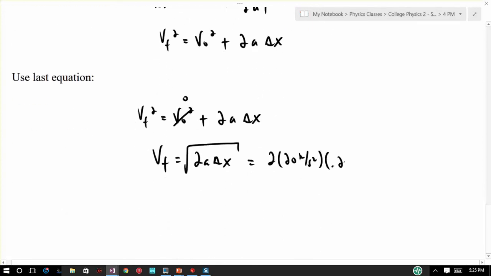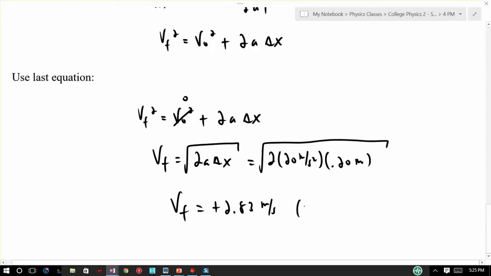So this is 0.20 meters. Take the square root, and you get your answer, which is 2.83 meters per second. So it's positive, whatever. It's moving at 2.83 meters per second in the positive x direction. It's always going to be moving in the positive x direction.